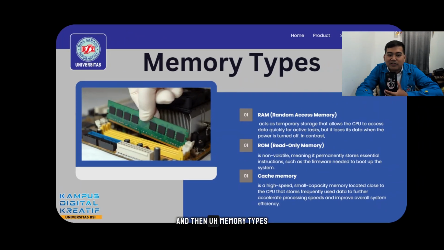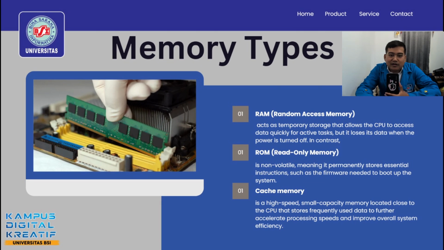And then memory types. In memory types, there are RAM, or random access memory, ROM, read only memory, and cache memory. RAM acts as temporary storage that allows the CPU to access data quickly for active tasks, but it loses its data when the power is turned off.